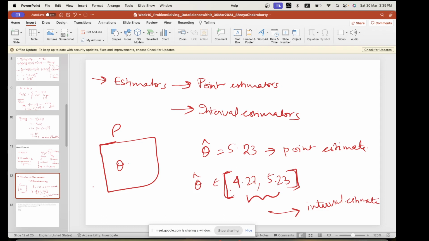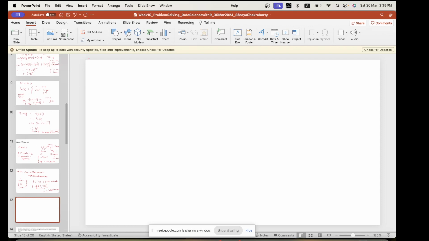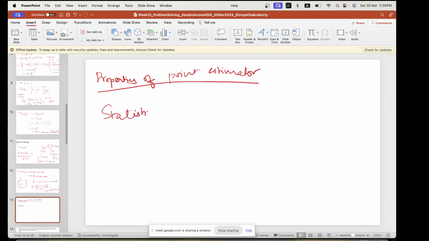Now we learnt about some properties of point estimators. In the context of estimators, we learned the term statistic. Now, what is a statistic?